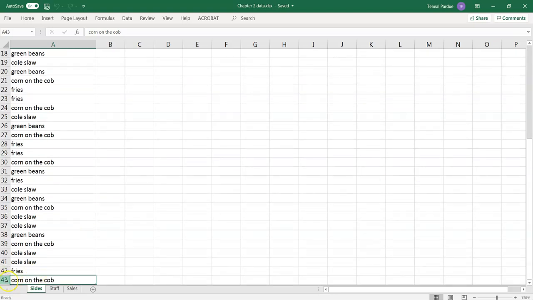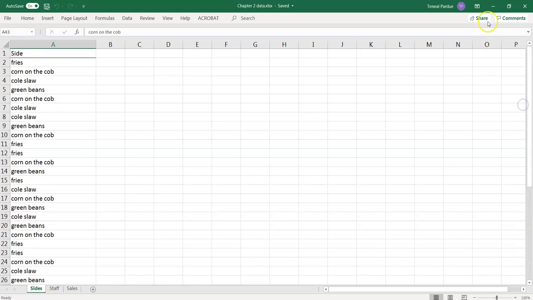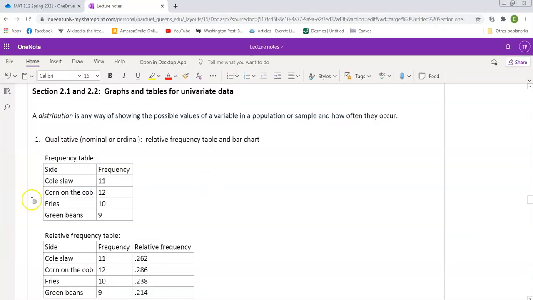This says 43 here, but keep in mind the first row was a label. And so we just make this table that lists all of these possible values, and we count that there are 11 people who ordered coleslaw, 12 who ordered corn on the cob, 10 who ordered fries, and 9 who ordered green beans. This is the frequency.